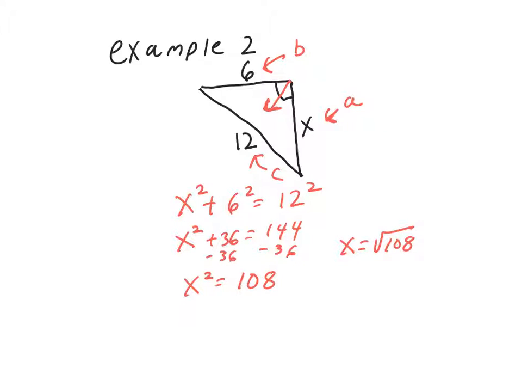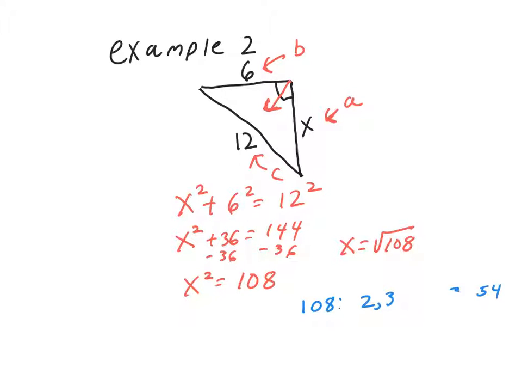And there are no decimals unless they tell you to use decimals. So this one we have to simplify. Let's think of factors of 108. We're looking for a perfect square. 108 divided by 2 gives me 54. I'm going to factor this over here. So we have 108, and that gives me 2 and 54. Let's try dividing it by 3, and we'll get 36.